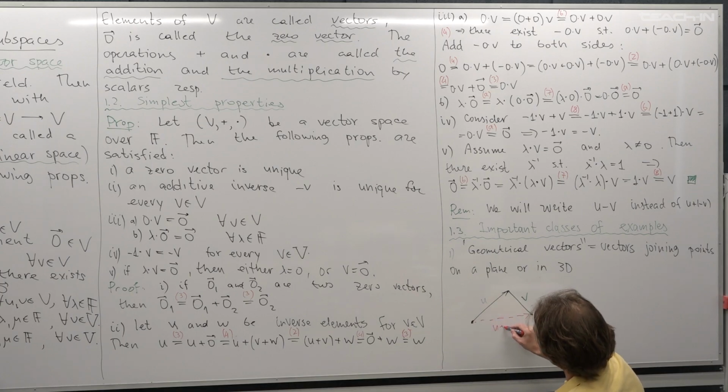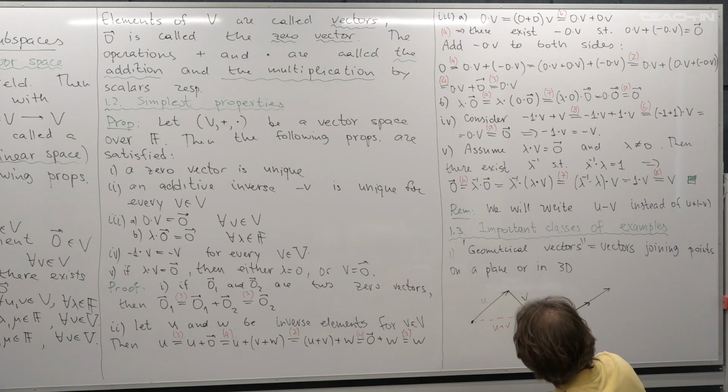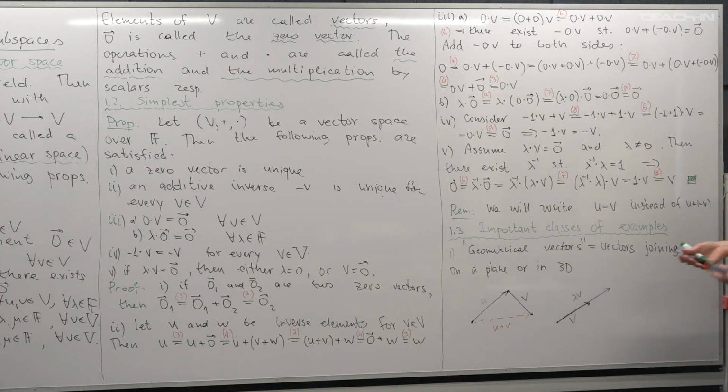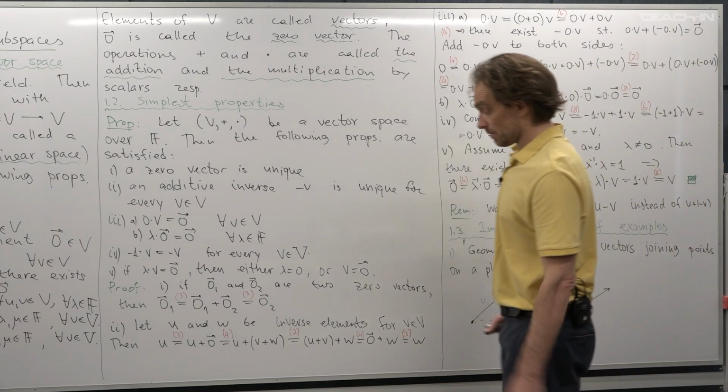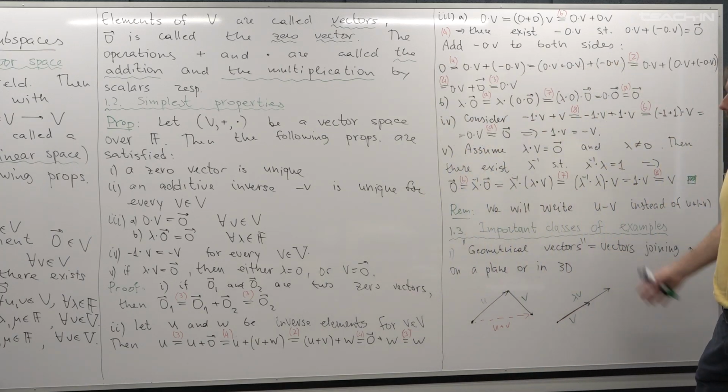So this is u plus v, and for any given number we can multiply a vector by this number. So if this is vector v, then we can consider the vector that is collinear to v, and such that the magnitude of this vector is lambda times the magnitude of v. And so this is the way we add vectors and multiply them by real numbers.